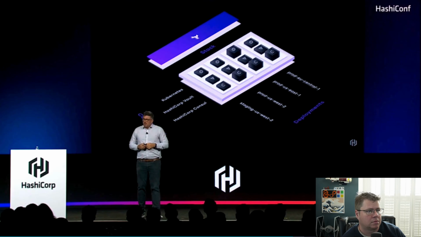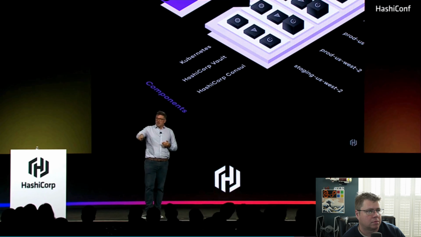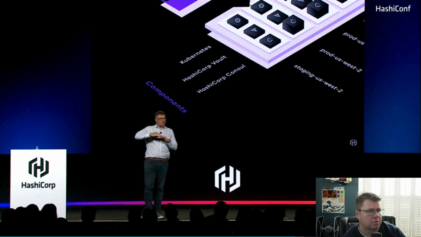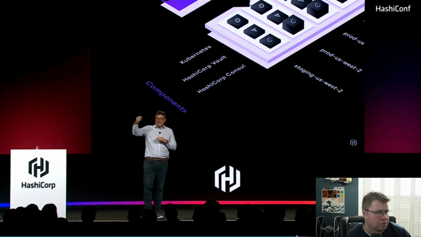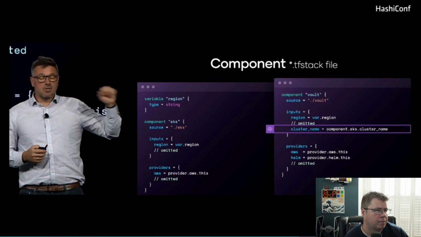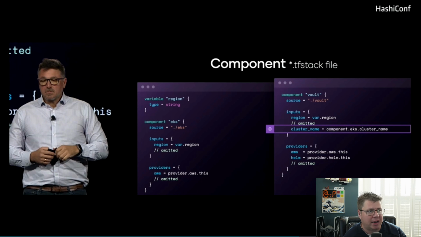So starting off with components, again, Kubernetes, Vault, and console. You notice that on the bottom there, HashiCorp console, one of them is taller than the others. And this is just saying that in that environment, there's more. But let's look at what this code looks like, okay? So first of all, we're introducing a tfstack file. So we have a new file type, tfstack, and there's a new top level noun called component.